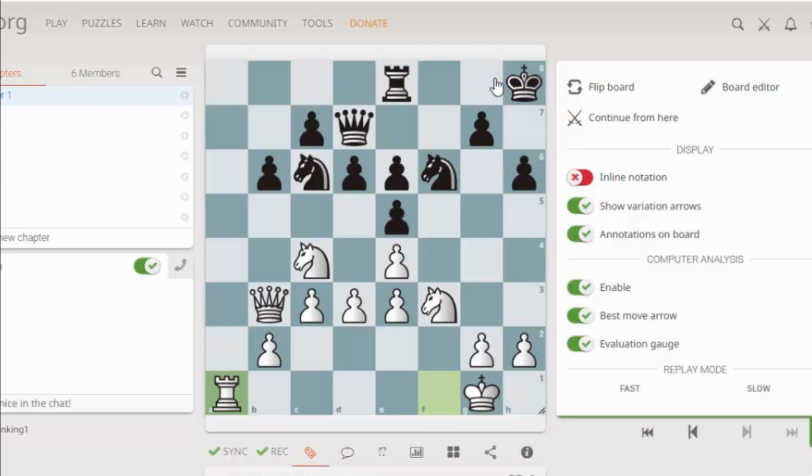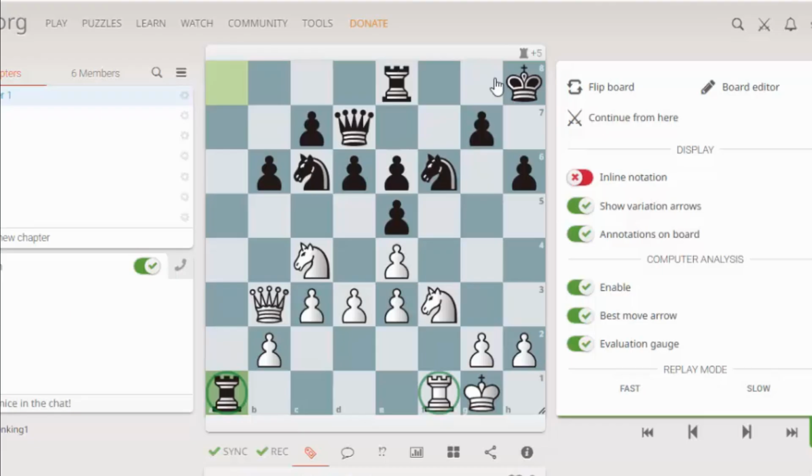If you say Ra1 x f1, that means the piece on the a1 square is capturing the f1 square.